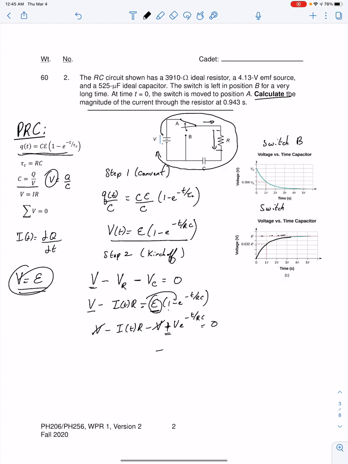And I am left with I of t equals V over R times e to the negative t over RC. And that is your answer.